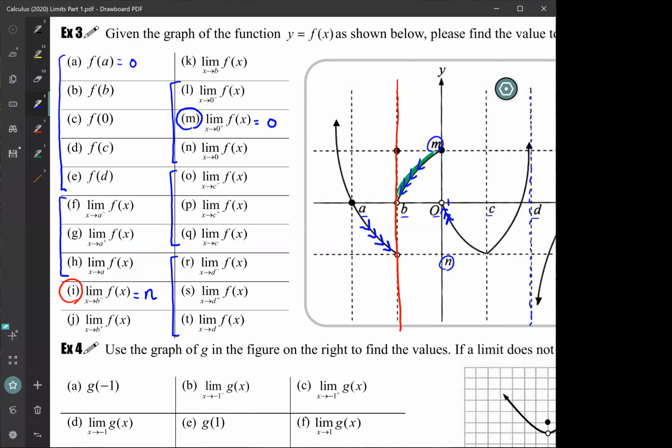It's still going down, closer and closer to what? N. We're trying to get to B though. N is very low, right? Oh, 0. Yes, so the answer, you can only get to 0. There's no way to get close to N.